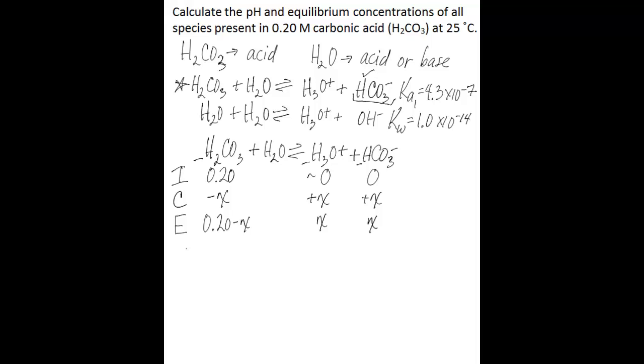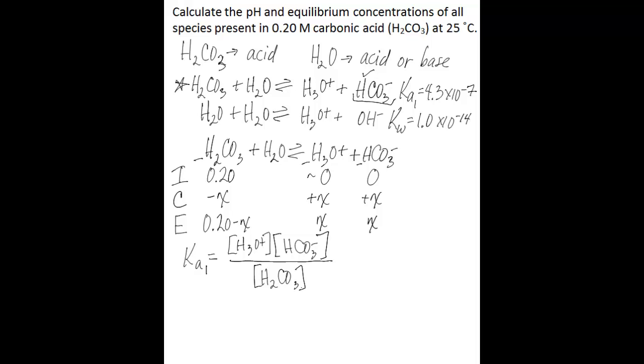Now you can use the Ka1 value to solve for x. So first, writing the equilibrium equation, which will be Ka1 is equal to the concentration of hydronium ion times the concentration of bicarbonate divided by the concentration of carbonic acid.